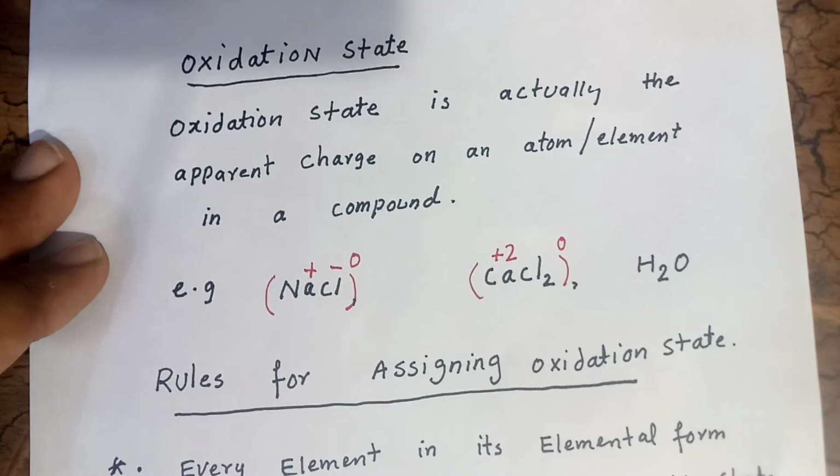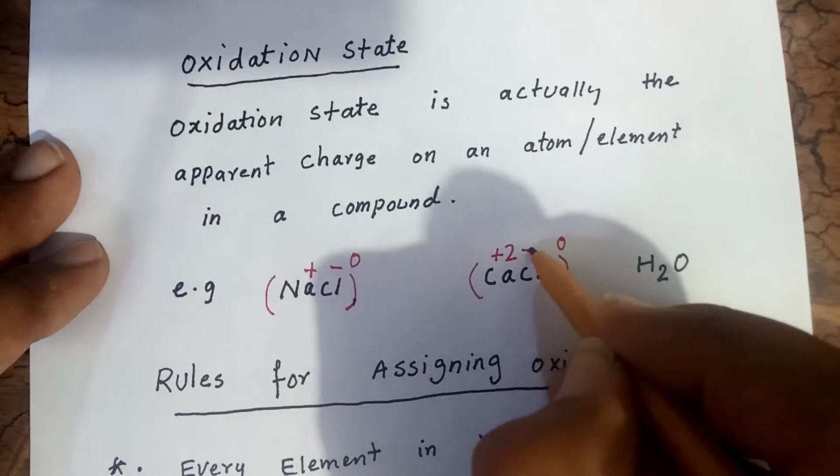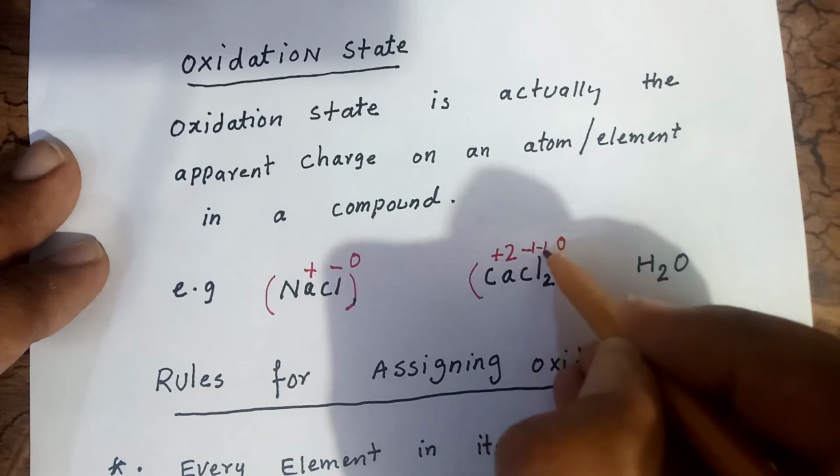So to counterbalance this +2 charge, we have two chlorides, one is -1 and the other is also -1.